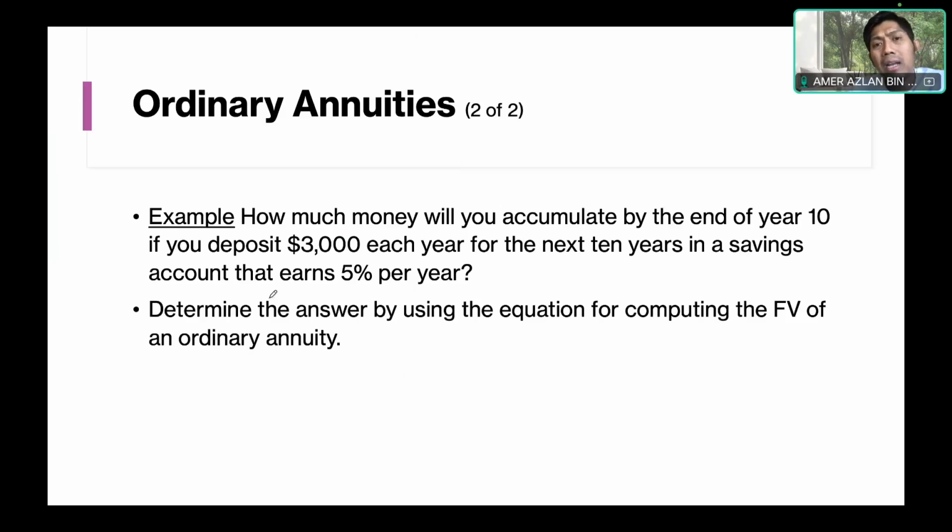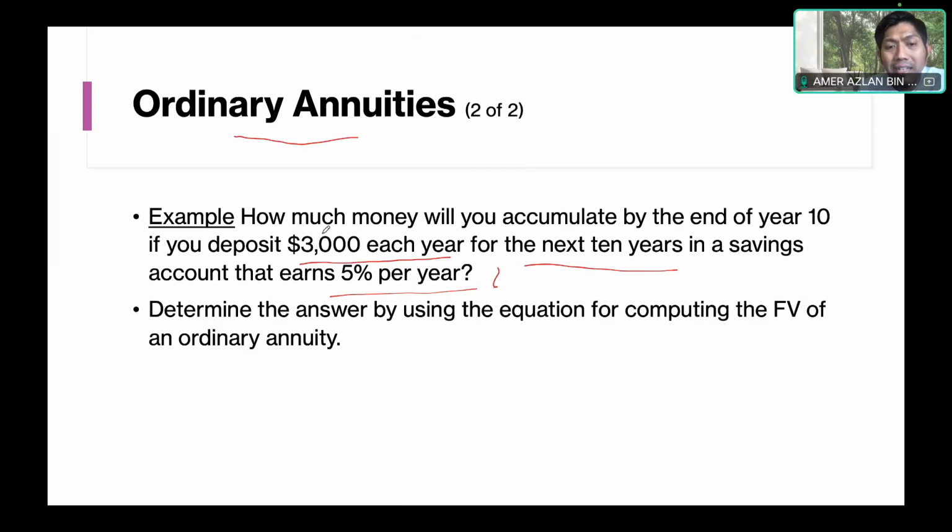Now, how do we calculate the future value if the payments are being made on an ordinary annuity basis? For example, how much money will you accumulate by the end of year 10 if you deposit 3,000 each year for the next 10 years in a savings account that earns 5% per year?